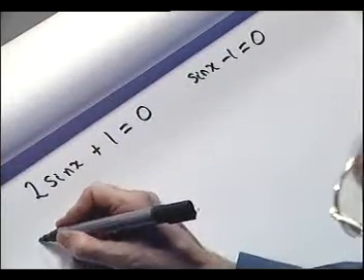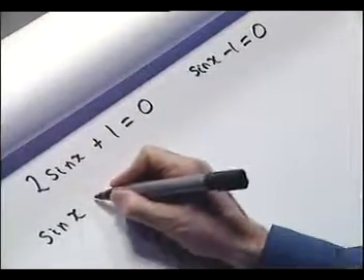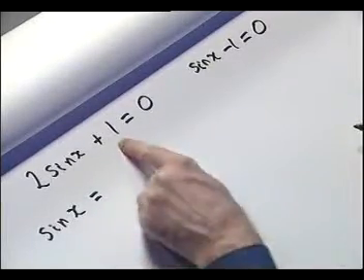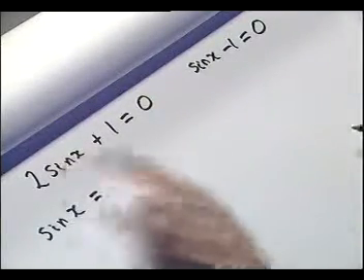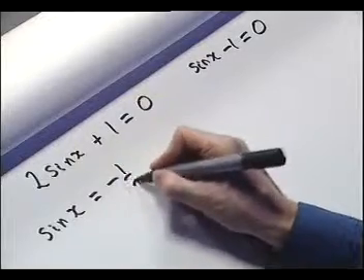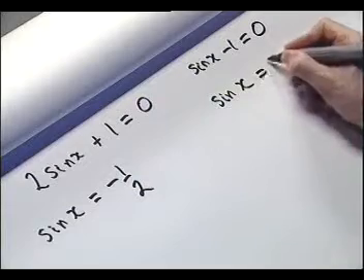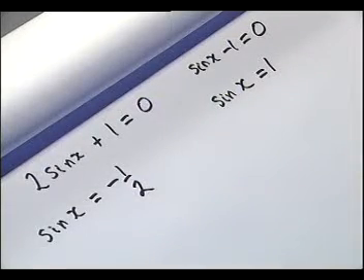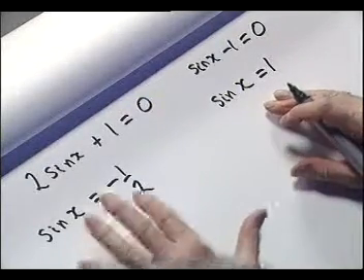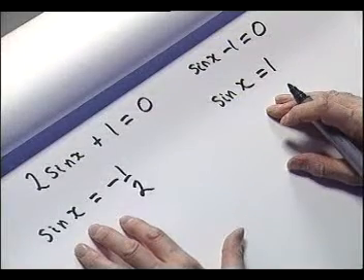So this tells me that sine of x is equal to, take 1 away from both sides and divide by 2, so sine x is minus a half, and this one tells me that sine x is equal to 1. And I'm now in a position to solve these 2 separate equations.